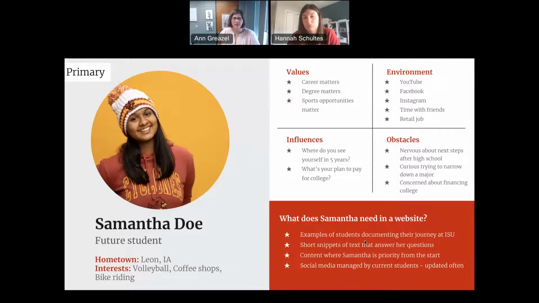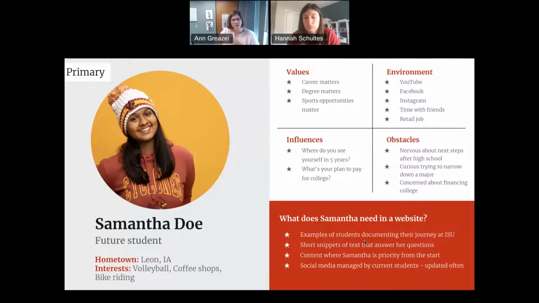Her obstacles is that she's nervous. She's concerned about the next steps after high school. She's curious about trying to narrow down a major, and she wants to figure out how to finance that education. So what you really need to do on this type of a website for Samantha would be to provide examples of students documenting their journey at Iowa State, trying to show her what the next steps are after high school to alleviate some of that fear and nervousness.